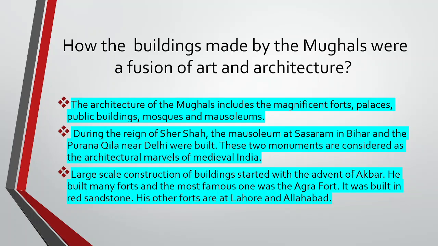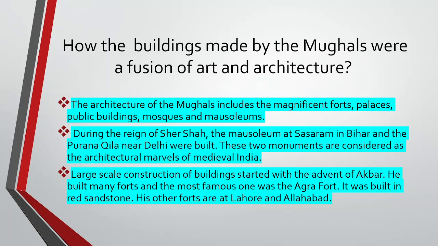This means, guys, that during the reign of Sher Shah, the mausoleum was built at Sasaram in Bihar, and the Purana Qila was built near Delhi, and these two monuments were considered architectural marvels of medieval India.